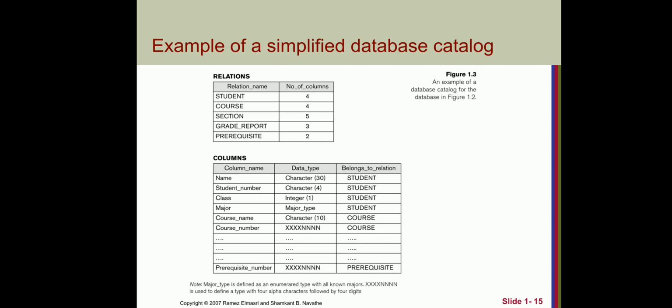At the top we have relations, which tells us the different relations in this particular database, like student, course, section, grade report, prerequisite, the names of the various tables. Apart from that, the number of columns. If we consider the course table, we know that there are 4 columns. We can just see over here.